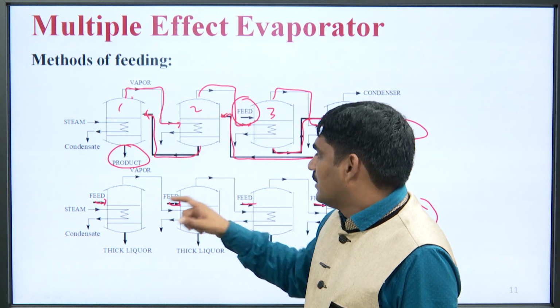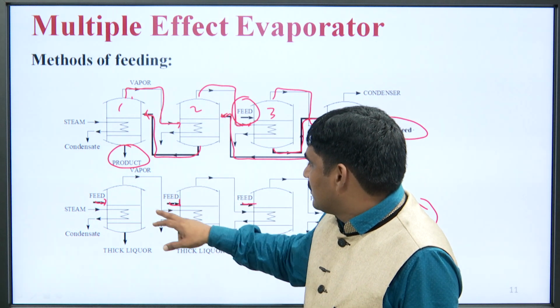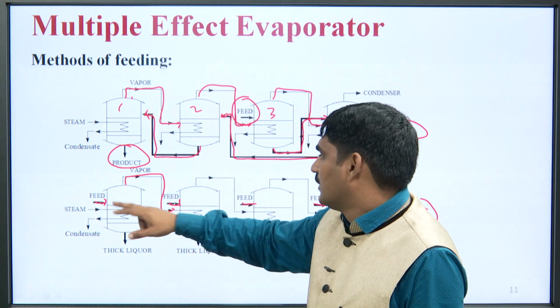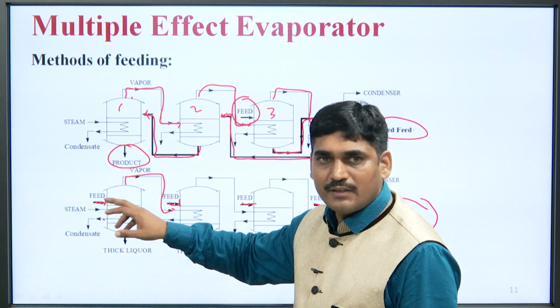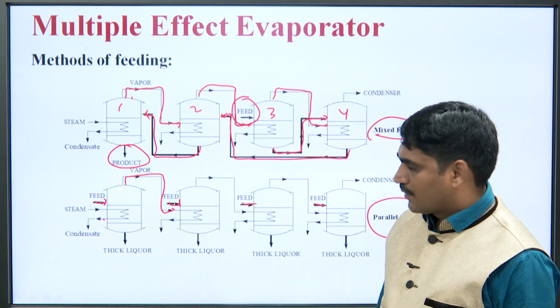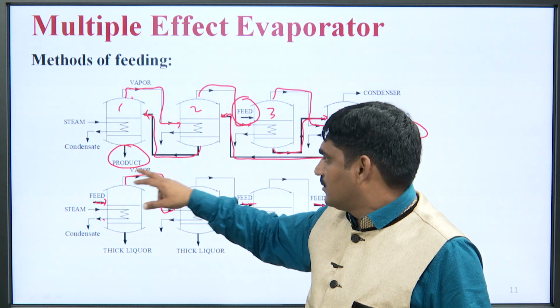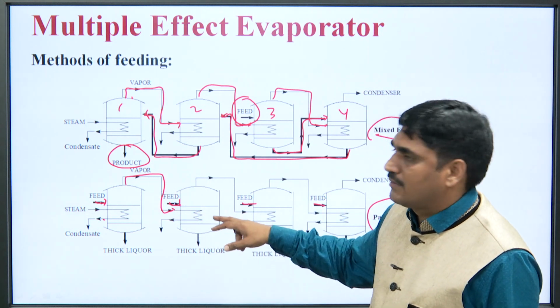The rest is the same in this case also. The steam is fed into the first effect evaporator, the vapor produced in the first effect is used as a source of heat in the second.